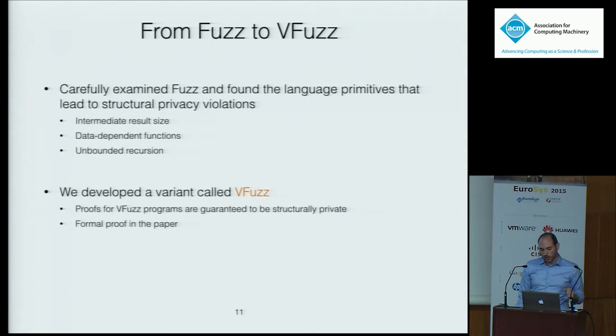What's good about VFuzz is that we were able to formally prove that zero-knowledge proofs generated for successfully compiled VFuzz queries always satisfy structural privacy. Due to lack of time, I'm only going to describe how we fixed the language primitive that splits a database in two. For the rest of them, you can always refer to the paper.